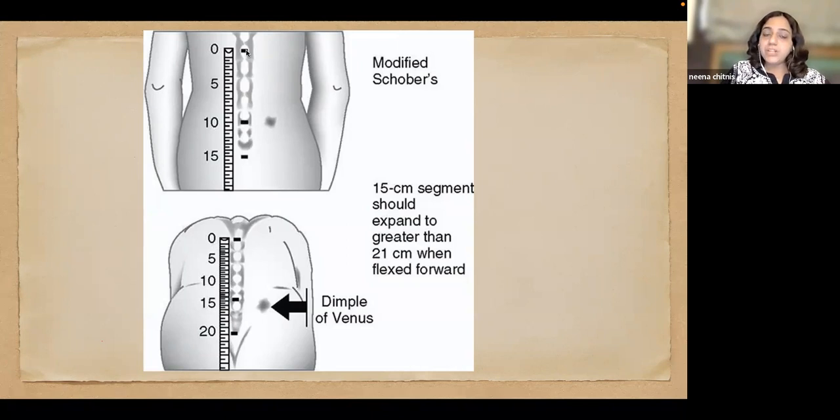Now tell the patient to bend forwards and now check the distance between the 2 points. If the expansion is less than 5 to 6 centimeters, it is considered that the flexion is limited. So when you check on the ruler, now the marking should be raised, the distance should be beyond 20 to 21 centimeters. This is called a modified Schober's test.